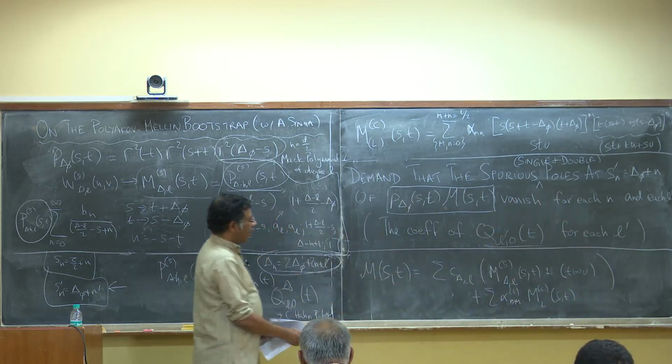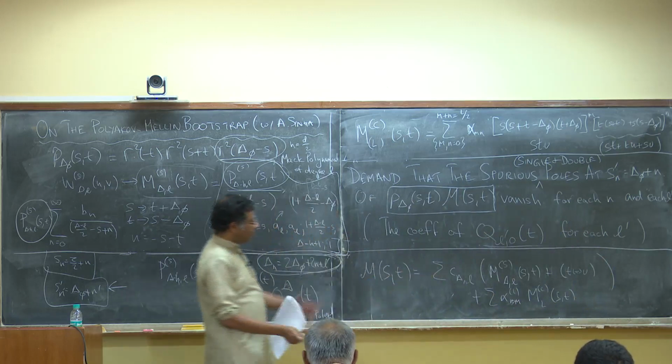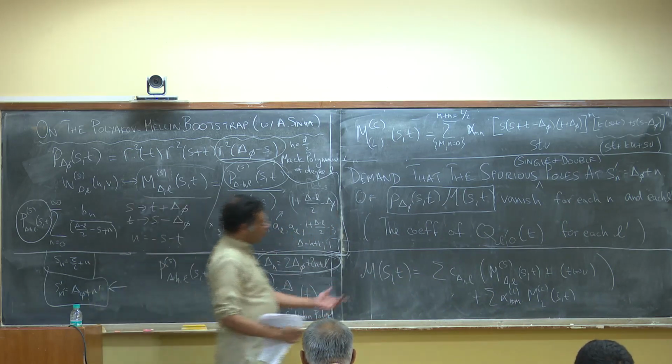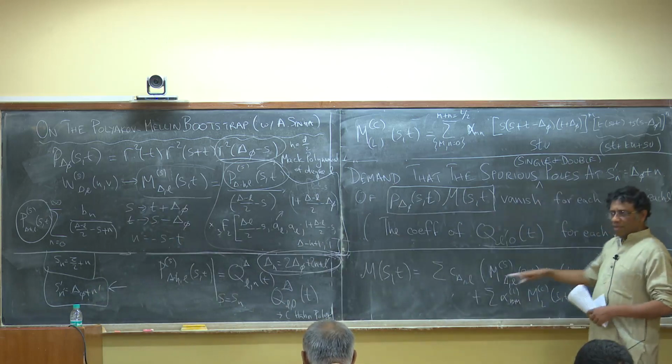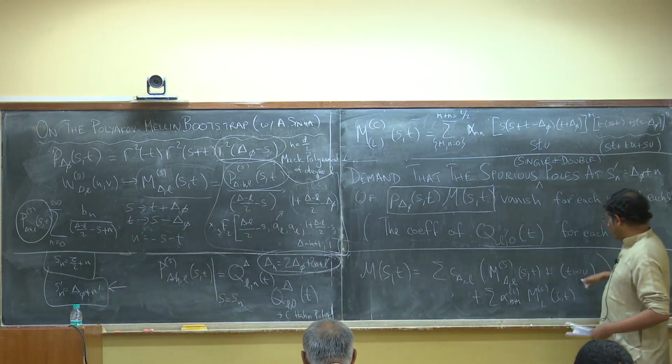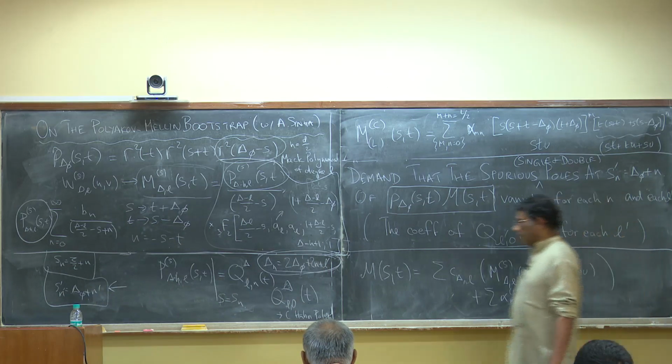So I expand the amplitude in this way, because this is what each of the Witten diagrams translates to. And this is the contact piece.